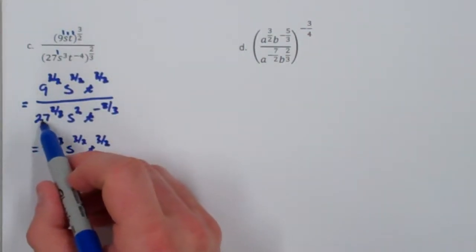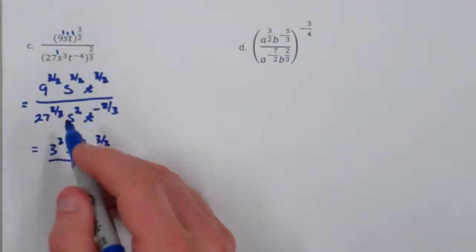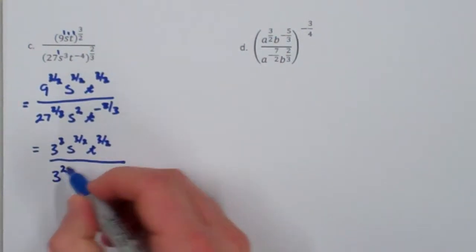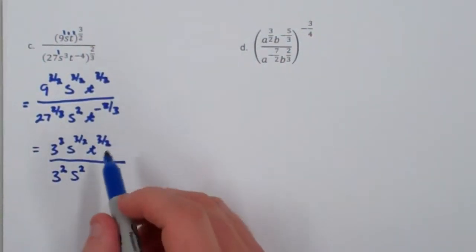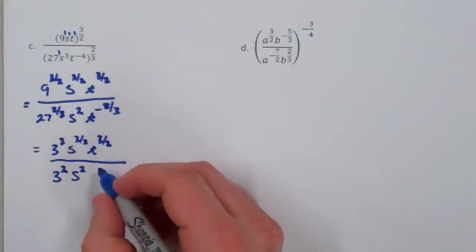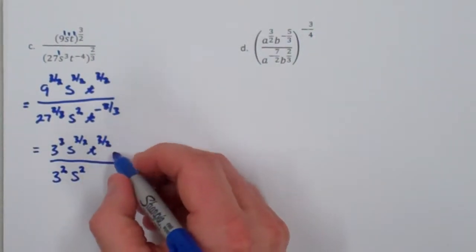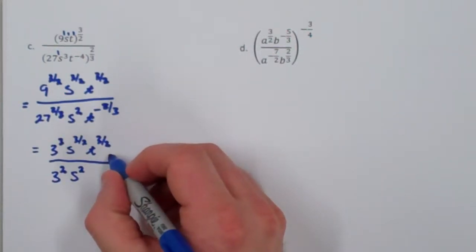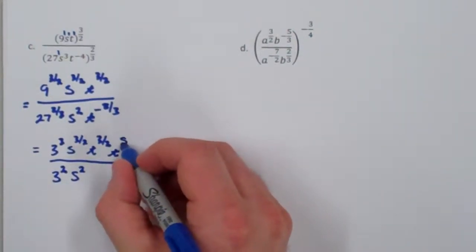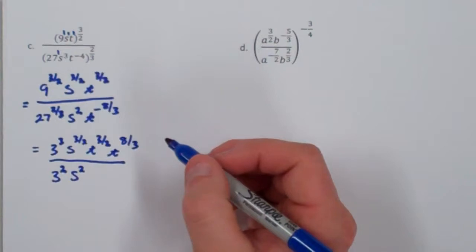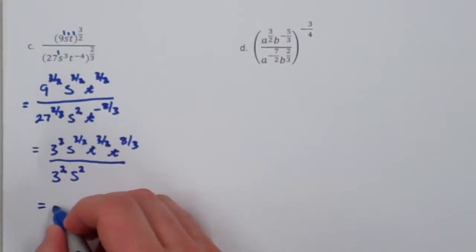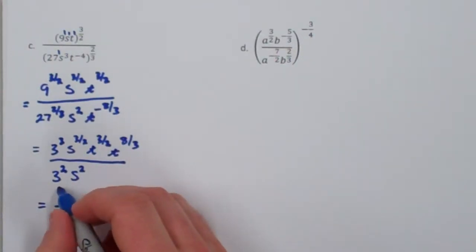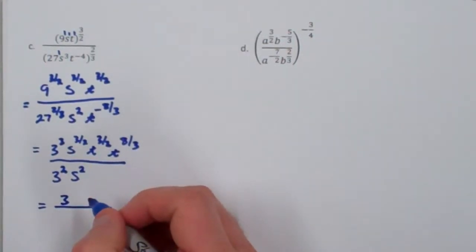If we look at the bottom, this is 3 to the 3rd power times 2/3, which is 3 squared. S squared is okay as well. And then we have a t to the negative 8 over 3, and we could go ahead and move that to the top and make that t to the 8/3. 3 to the 3rd over 3 squared is just 3 in the numerator position.